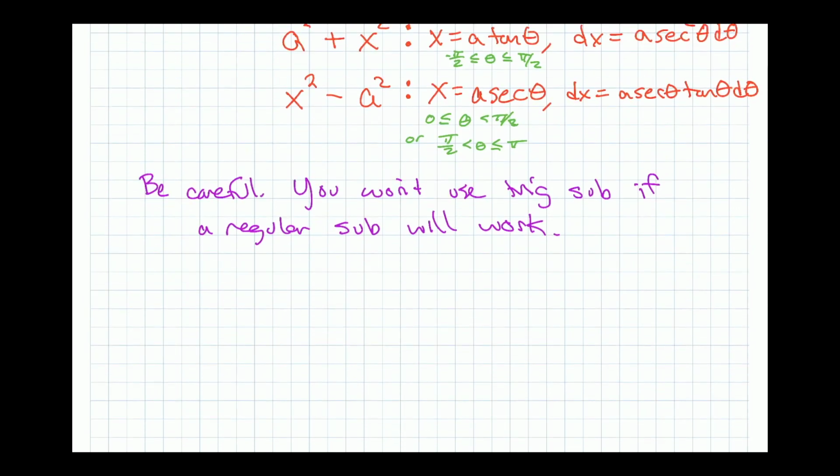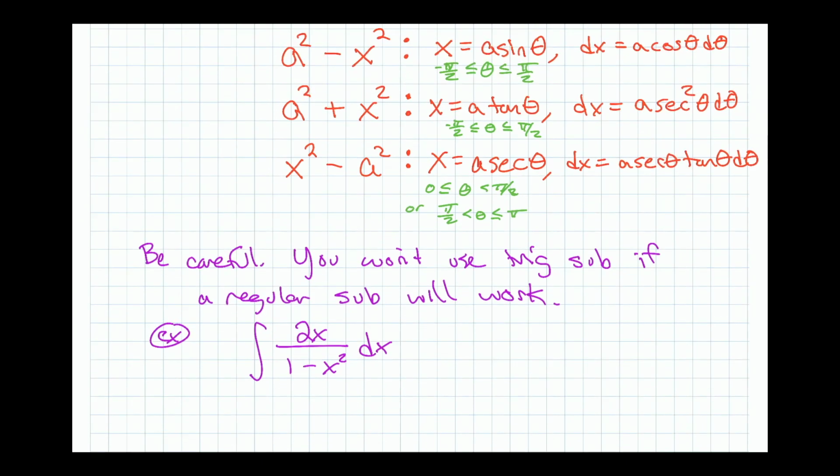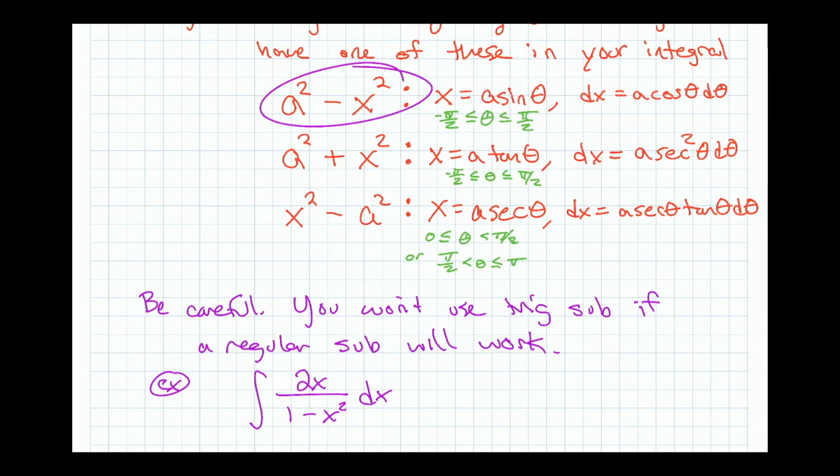For example, if you have this integral, 2x over 1 minus x squared dx, that has a 1 minus x squared, which looks like what we have for a sine substitution.